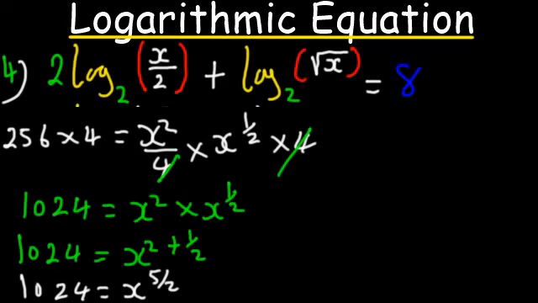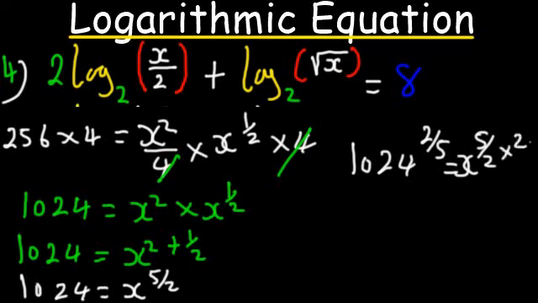Now the next thing we want to do is solve for x. To solve for x, we can multiply both sides by an index of 2 over 5. With that, we will be able to get rid of the index that is associated with x. So we have 1024 raised to the power of 2 over 5 equals x to the power of 5 over 2 multiplied by 2 over 5.